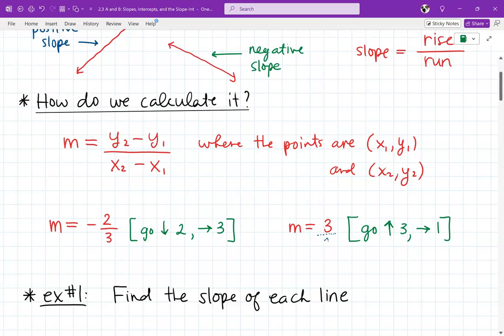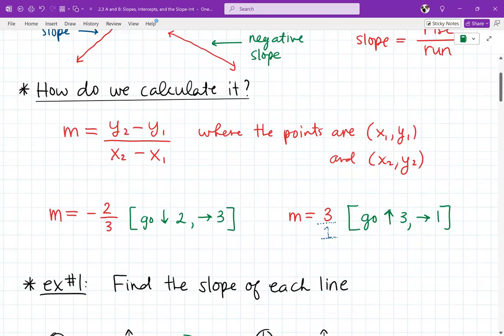It's just kind of hidden, like this little invisible number there, 3 over 1. So anytime you see a whole number, you can always write it as a fraction, just put over 1. So in this case, the slope is positive, so I know I got to go up 3 and 1 over. Okay? So let's find the slopes of these lines.